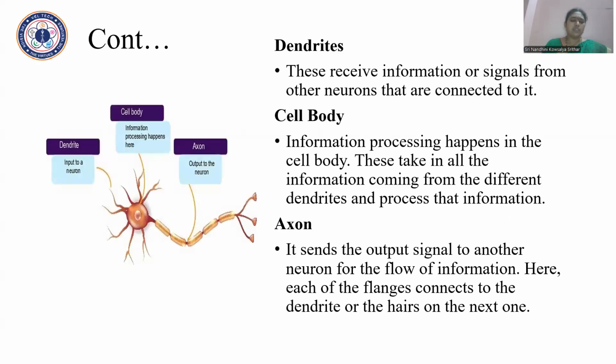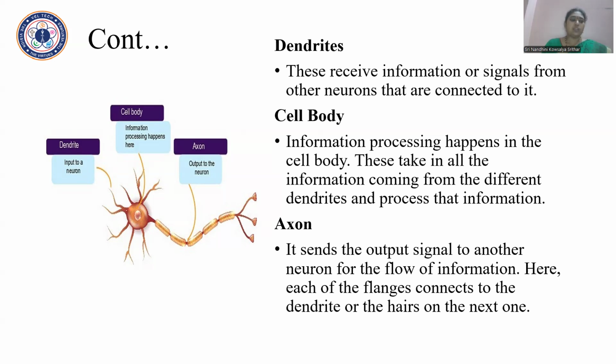See, this is the image of a neuron which is present in our brain, in the human brain. The neuron has three portions. First one is the dendrite, then the cell body and the axon. The dendrites are known as the input to the neuron, which gets the data or information from outside and gives it to the neuron.